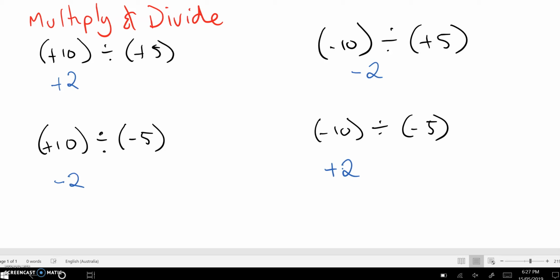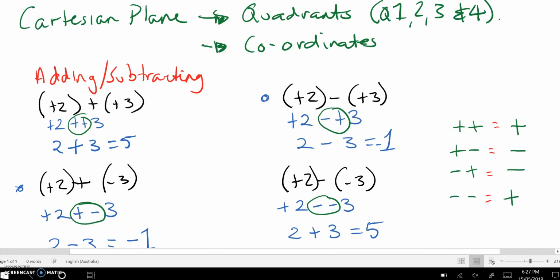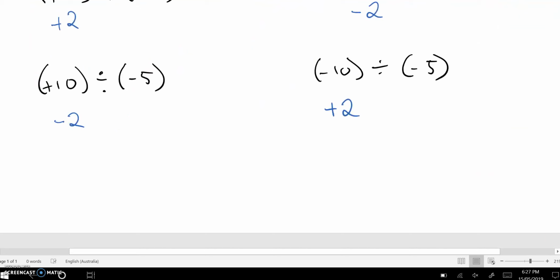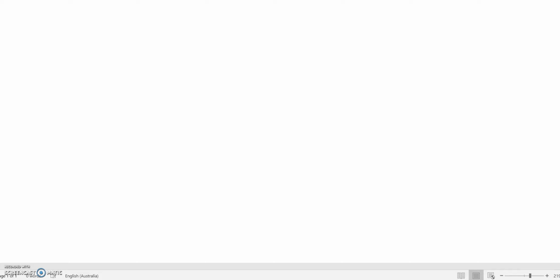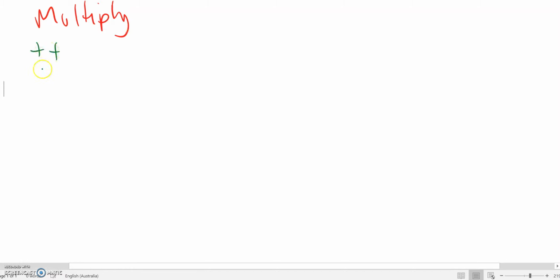If we want to look at doing a multiplication, similarly when we multiply, the same rules apply. So a positive with a positive, positive with a negative, negative with a positive, or a negative with a negative.